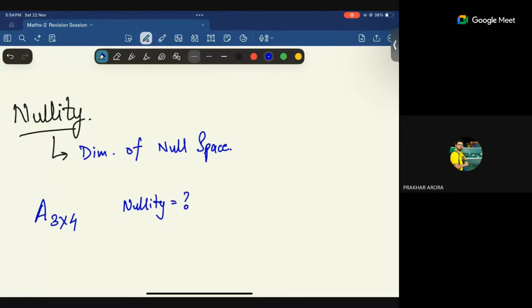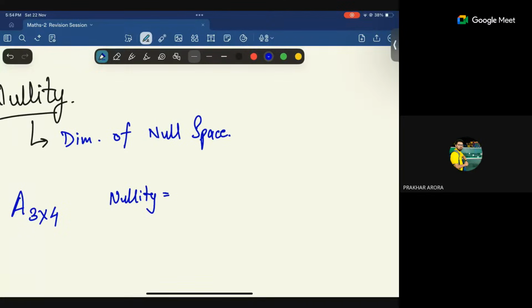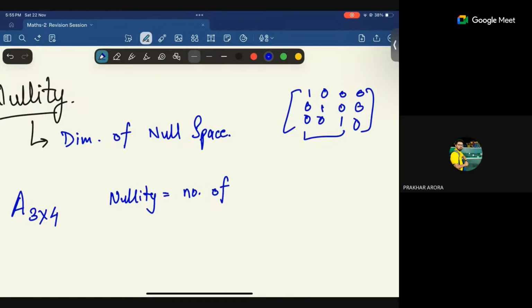I am going to state something which I will not prove in this session: nullity is equal to the number of free variables. Here, these are independent vectors, and this is a dependent vector.